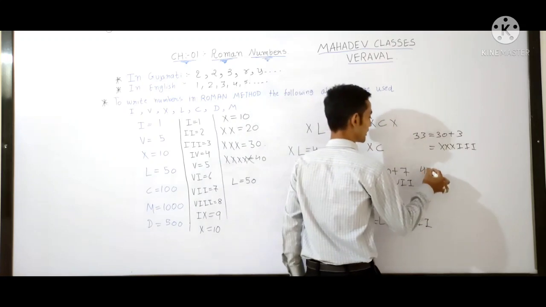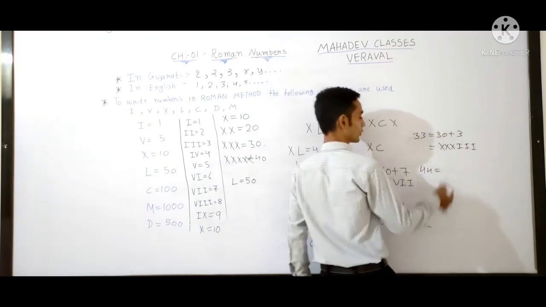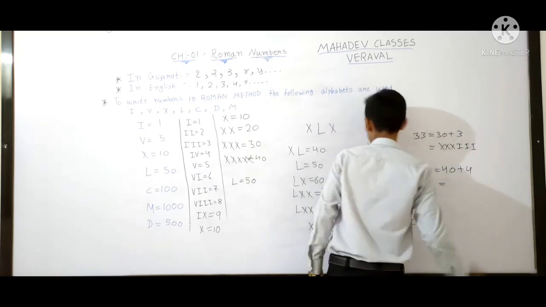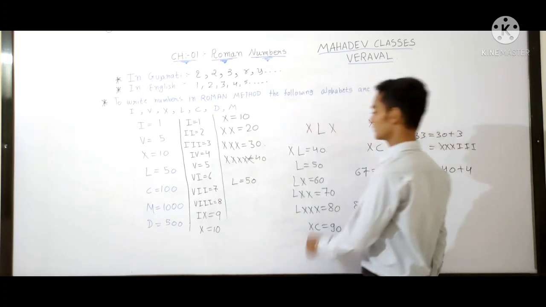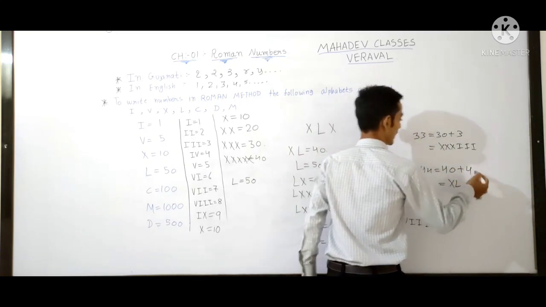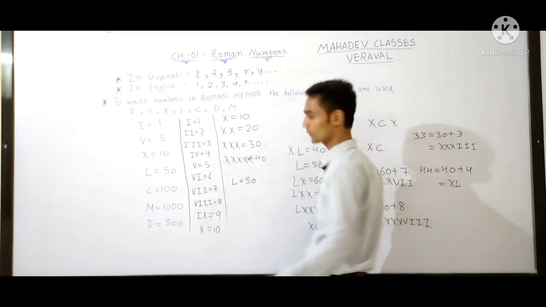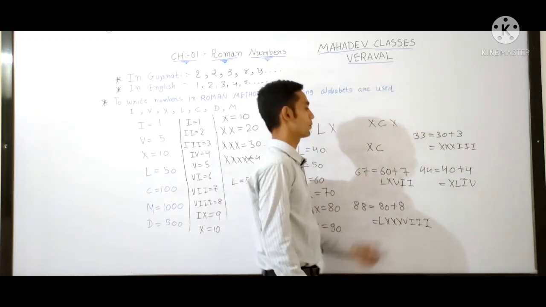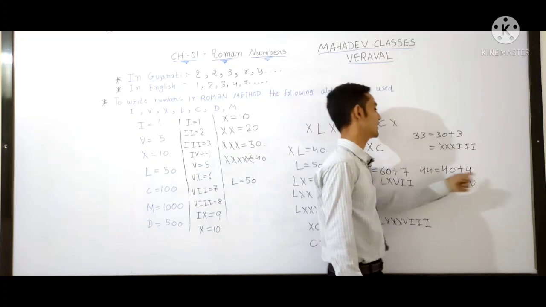Similarly, the Roman number of 44. Now 44 can be written as 40 plus 4, and you know the Roman number of 40, which is XL. And what will be the Roman number of 4, which is IV. So hence the Roman number of 44 is XLIV.